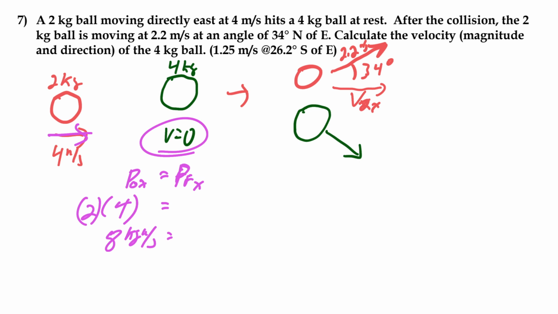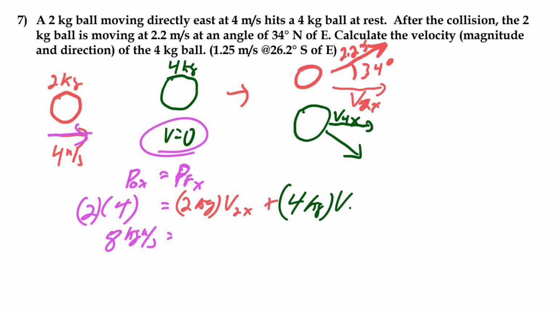So the P final is going to be the 2 kilograms times V2 in the X direction, plus, same thing with this green ball here. The green ball also has a velocity, we'll call it V4 in the X direction. So that's going to also have a momentum of 4 times V4 in the X direction, right?